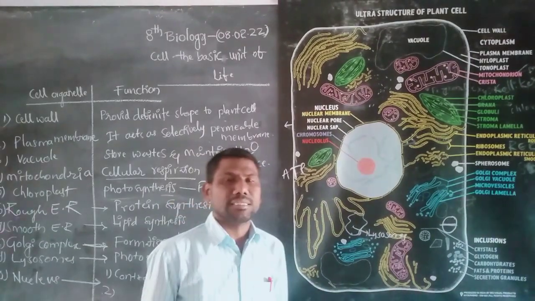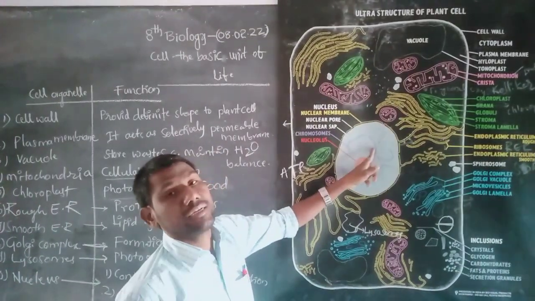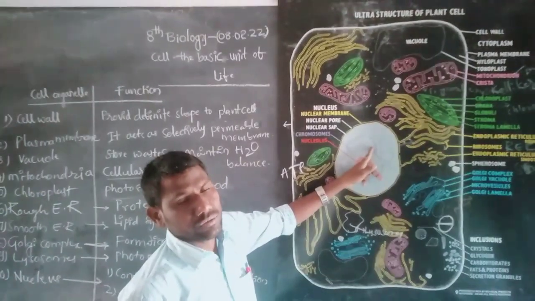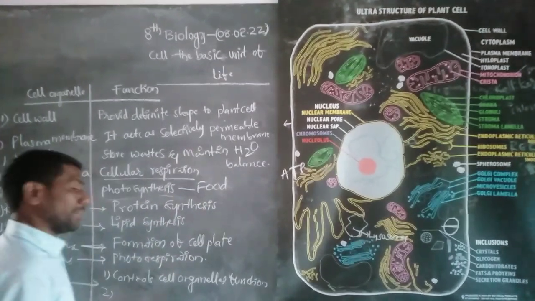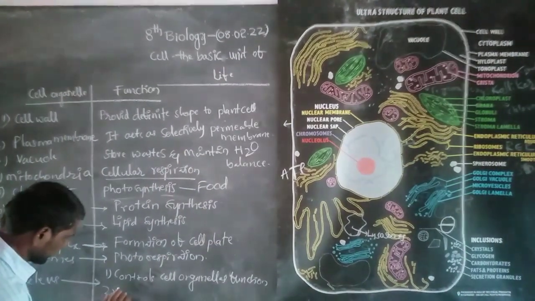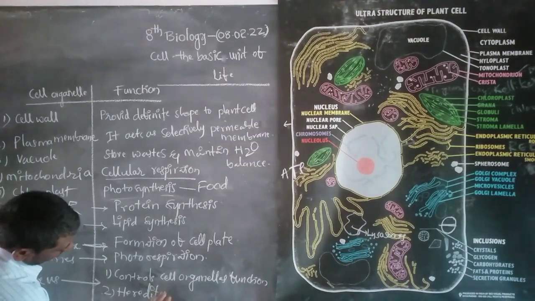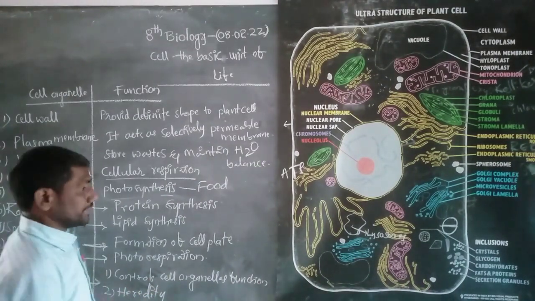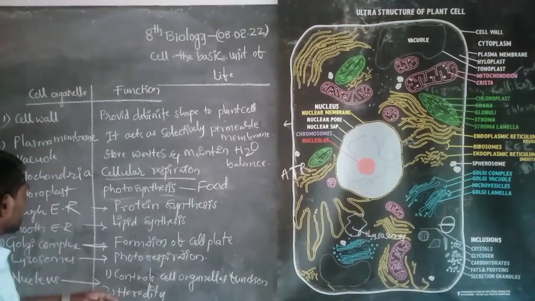These thread-like structures are called genetic material. Due to the presence of genetic material, it also participates in heredity.